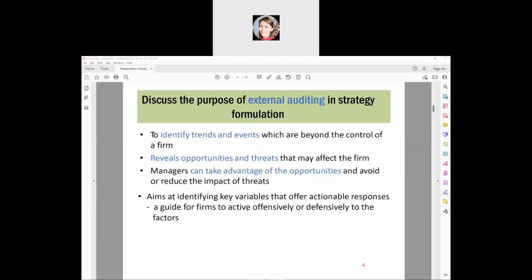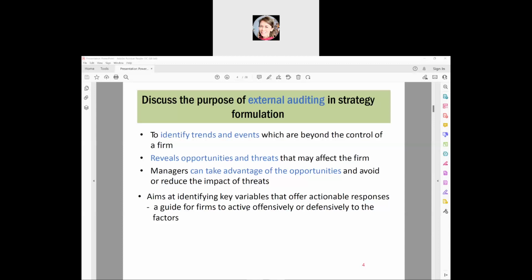When firms are able to identify and evaluate these trends via external auditing, it would be easier for the firms to look for opportunities, as well as to see threats that may be affecting the firm itself.